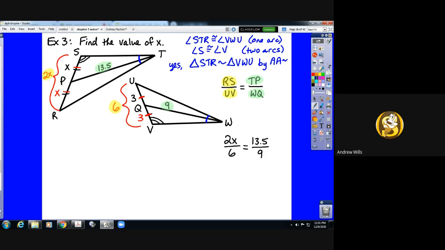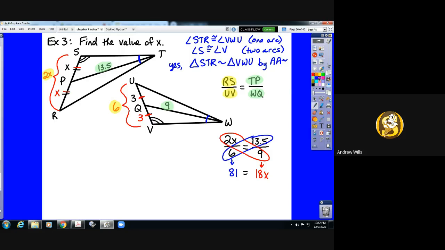I would agree with that statement. We cross multiply. 6 times 13.5 is something. Probably should have my calculator handy next time. 13.5 times 6 is 81. That's right. And then on the other side, 2x times 9 is 18x.